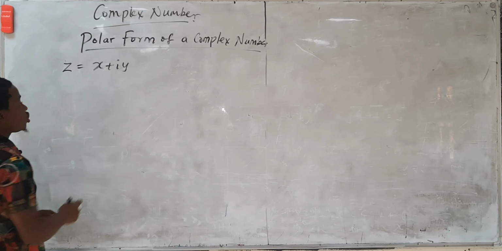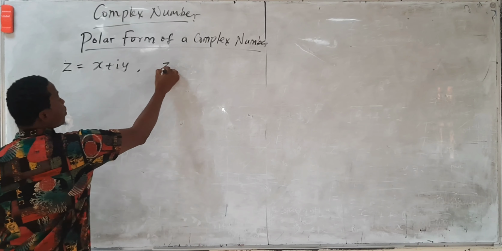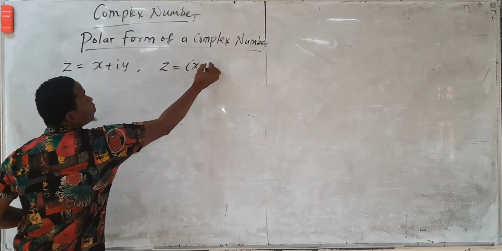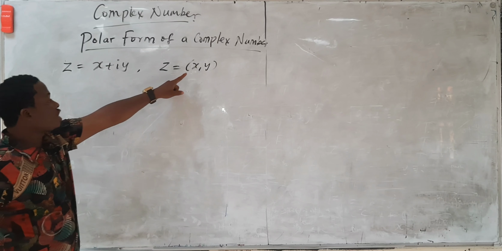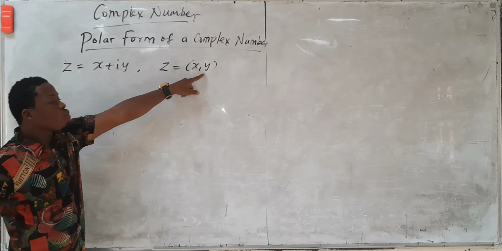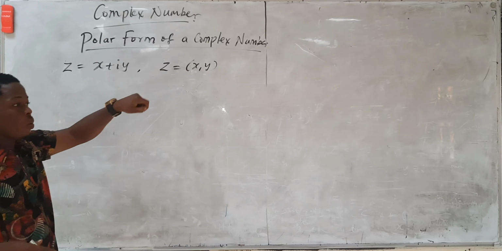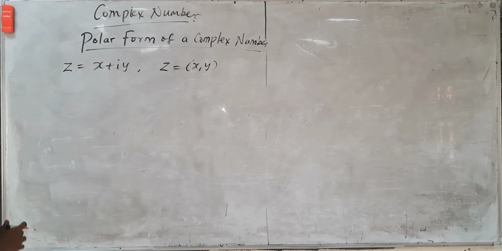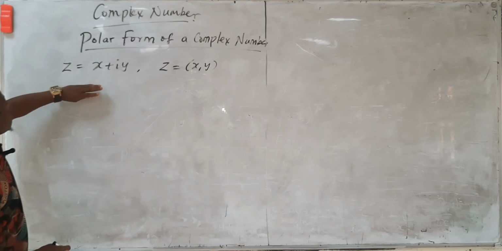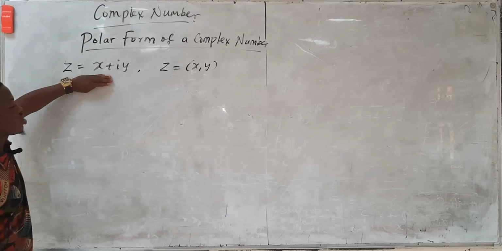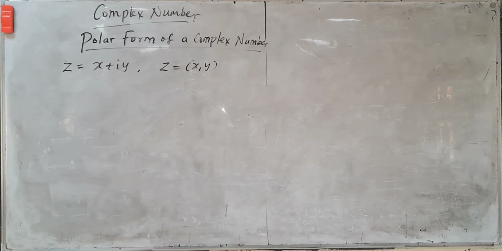In other places, we can also denote this complex number z as a pair (x, y), where x is the real part of the complex number and y is the imaginary part. But take note, x and y are elements of the real numbers. Now, we want to represent this complex number in polar form.